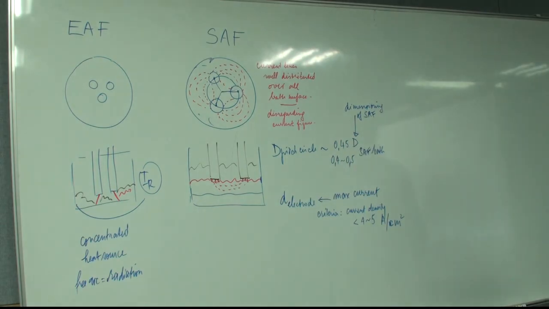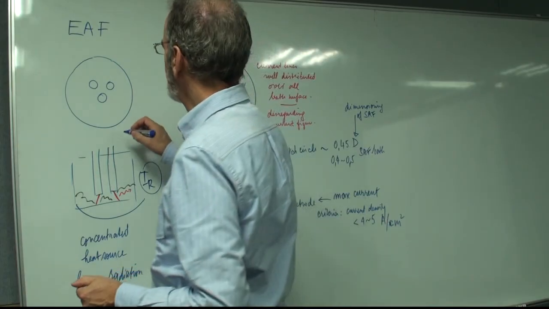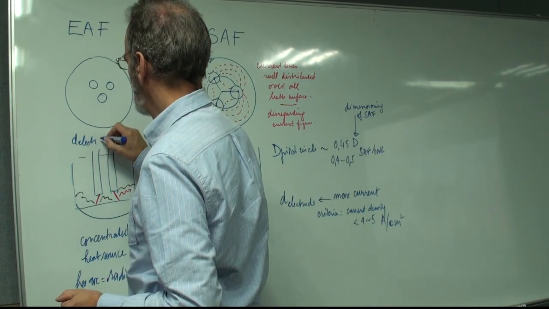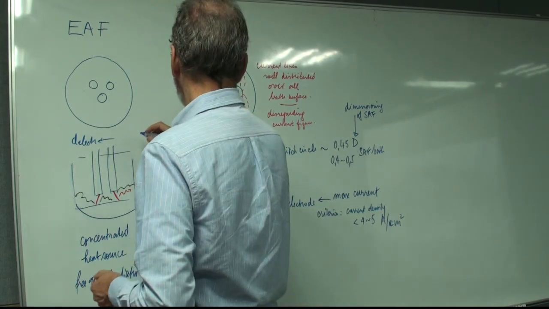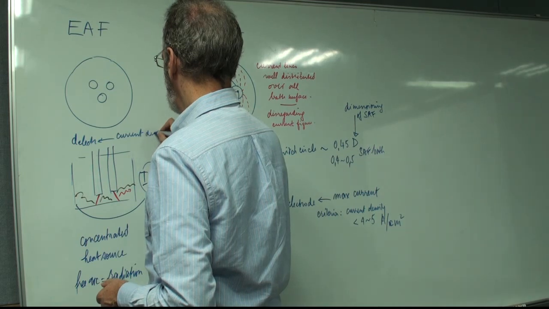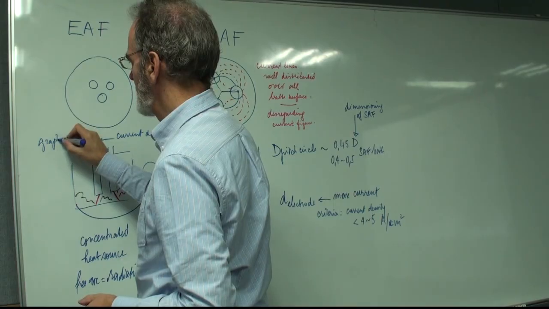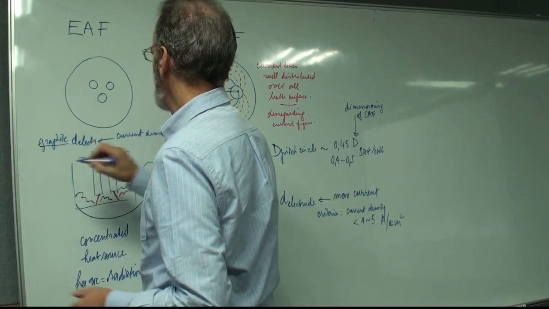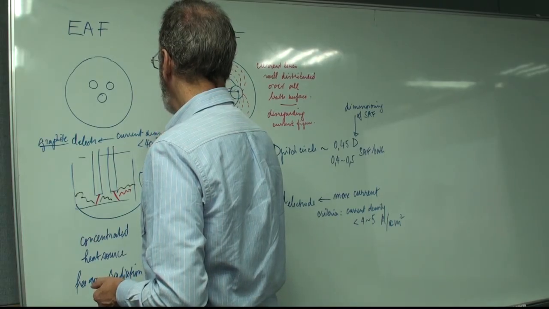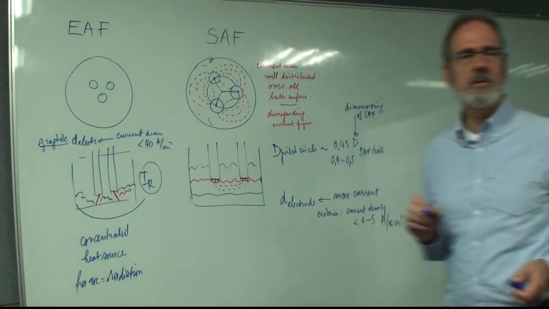You know, for the electrodes of the EAF, this is graphite, current density is about 40 amps per square centimeter.